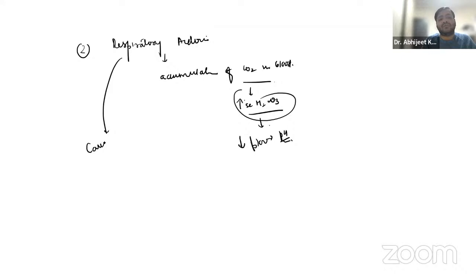Respiratory acidosis, common causes that you can remember, we have COPD, chronic obstructive pulmonary disease. Over here, obviously, with pulmonary disease, it's the inability of the lungs to expel the CO2 out of the body. It can be either emphysema or chronic bronchitis.